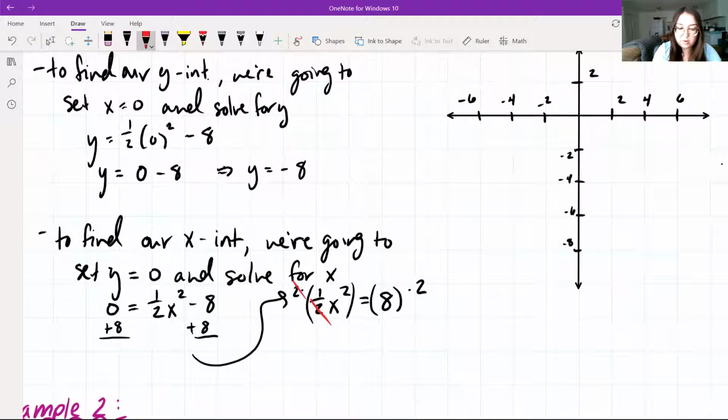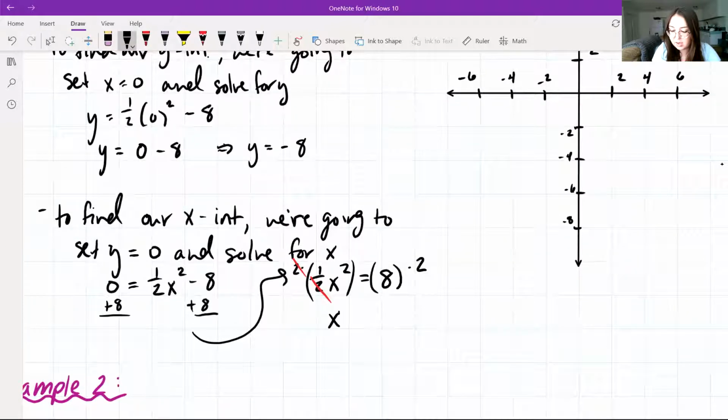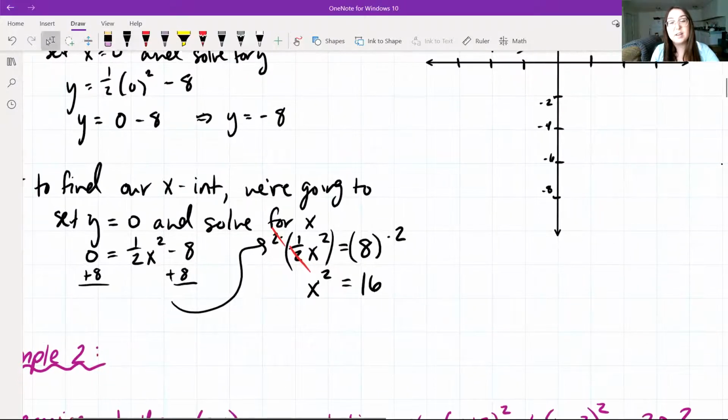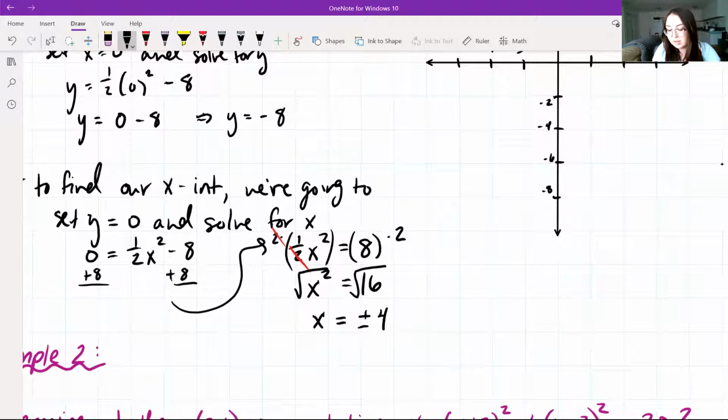Those will cancel, and we get x squared is equal to 16. Now we just have to take the square root of both sides, so we isolate x. And we get that x is equal to positive and negative 4. So this means -4 and 4.